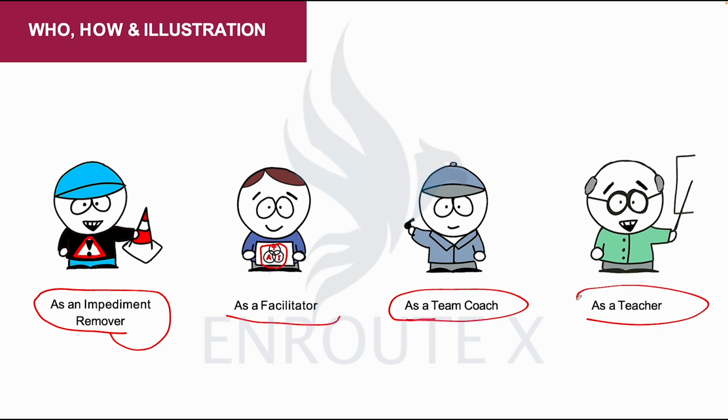Then the Scrum Master as a teacher relates more to either the coach or the facilitator, where the Scrum Master as a teacher is teaching and training the team on the ways of Scrum, either the Scrum values, the Scrum principles, or the framework itself. He is bringing best practices to the team, encouraging the team to begin to imbibe an agile mindset for continuous improvement, continuous development.